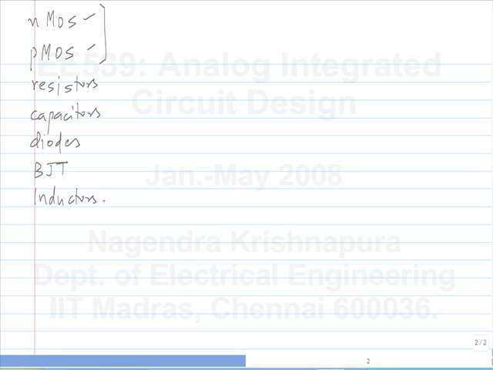How do you make a bipolar transistor in a CMOS process? Is it possible? How do you make it? So essentially for a BJT you need three kinds of doped regions next to each other.